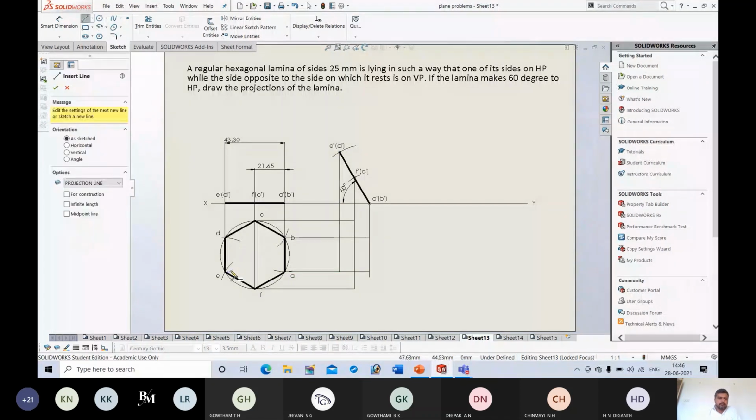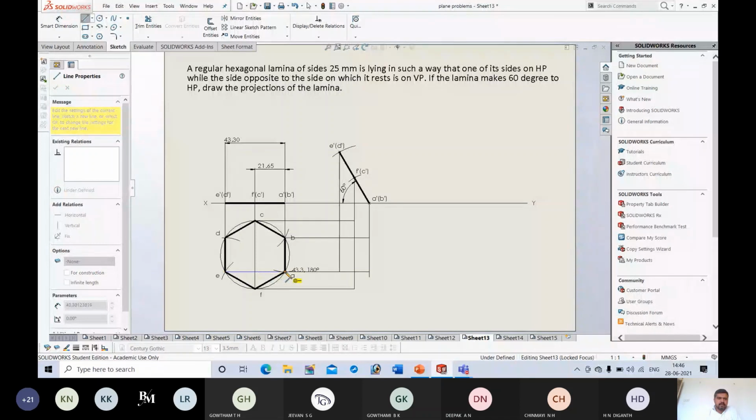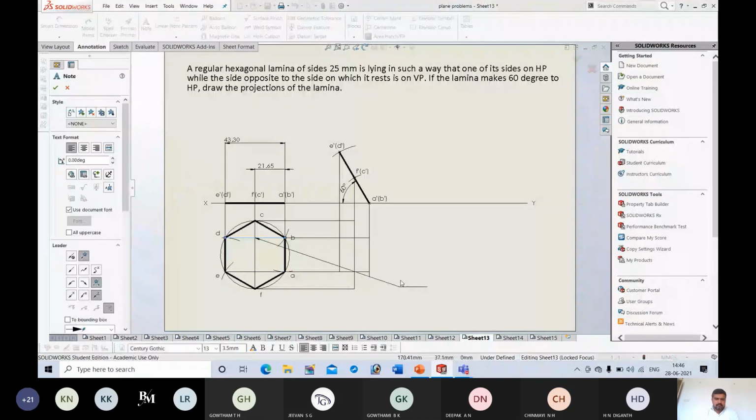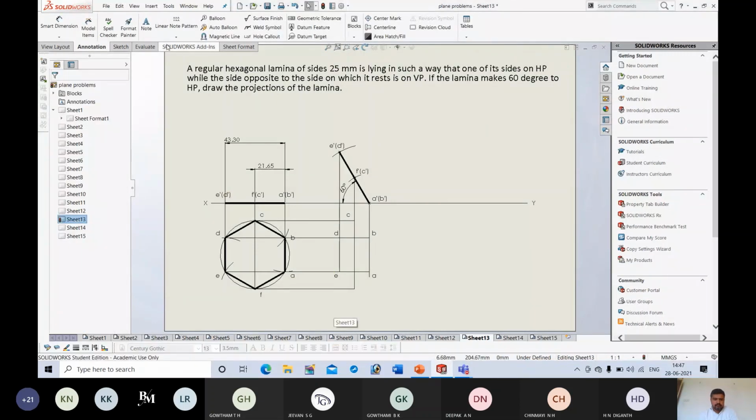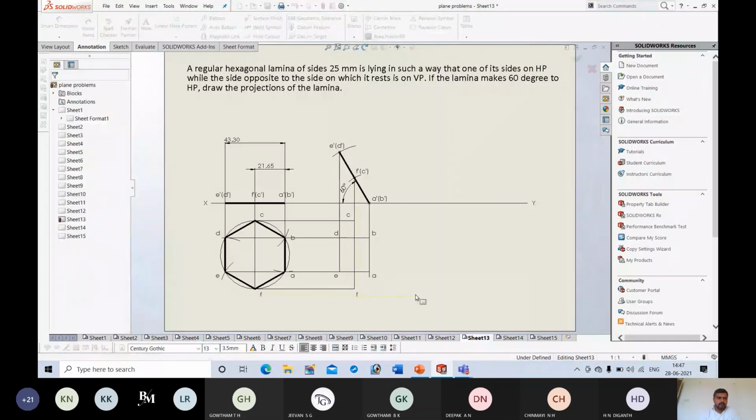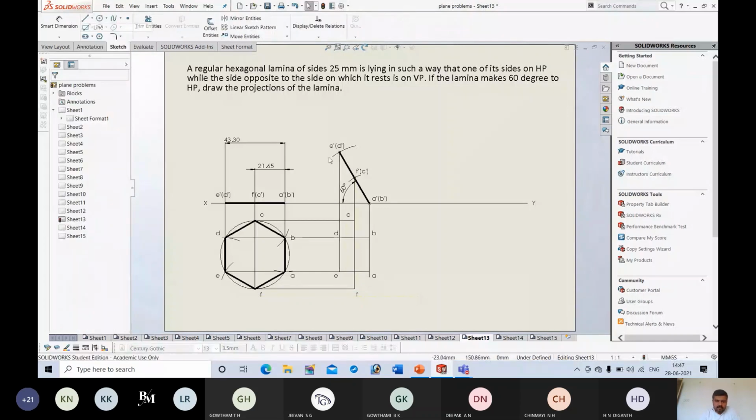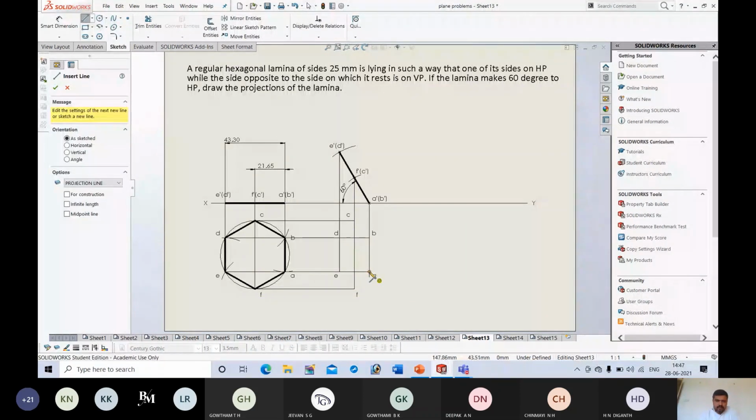After projecting the points, I will name them. Okay, next I will connect these points with straight lines.